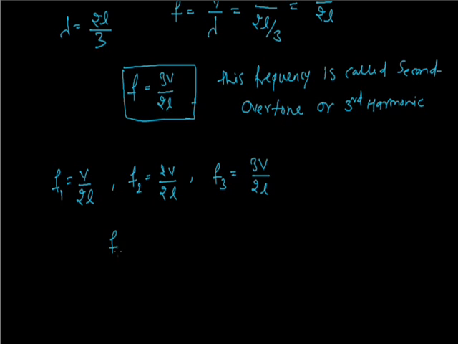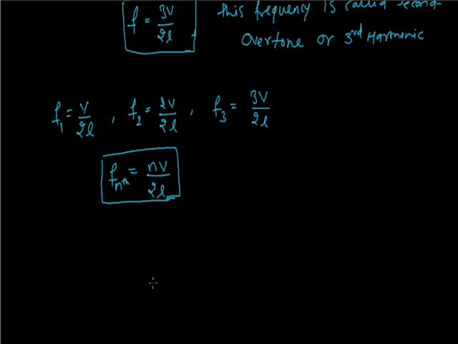That means the nth harmonic frequency will be nV by 2L. That is the general formula for the nth harmonic frequency in an open organ pipe.